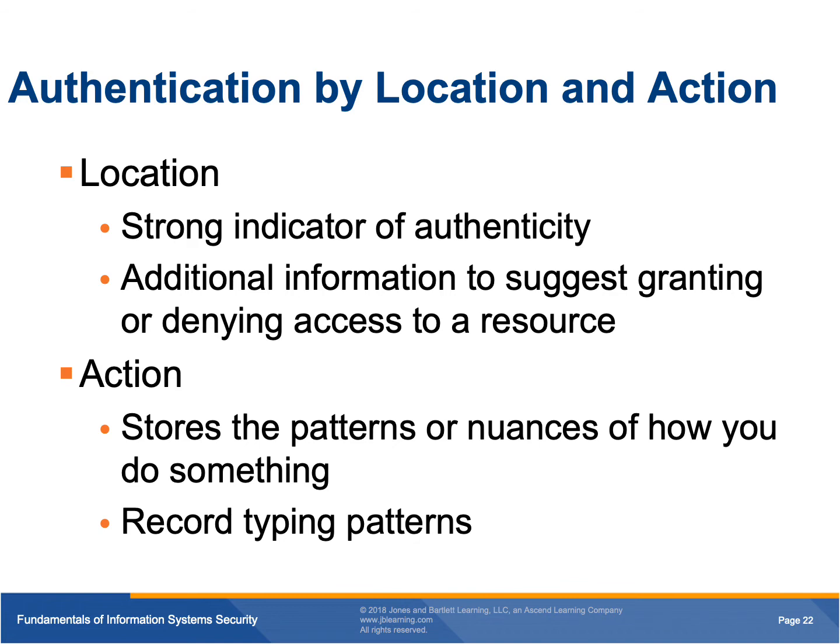It depends on the risk. So at the base of this whole thing of determining how much do I need is obviously going to be a risk assessment. And so the different actions are going to require storing different patterns or nuances of how you do something and recording these patterns.